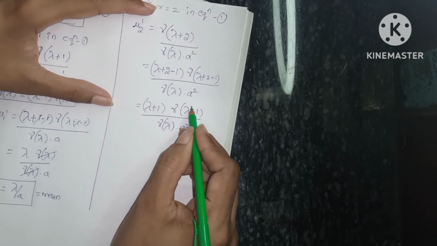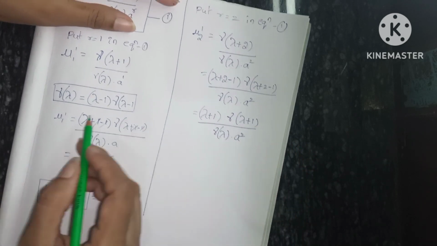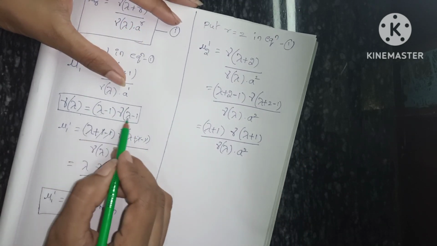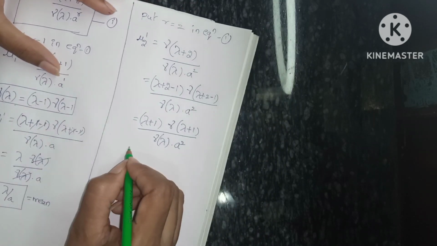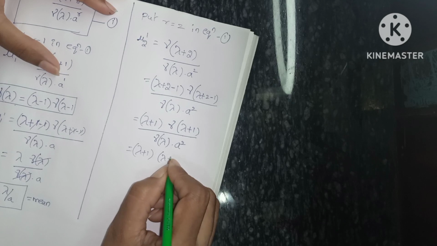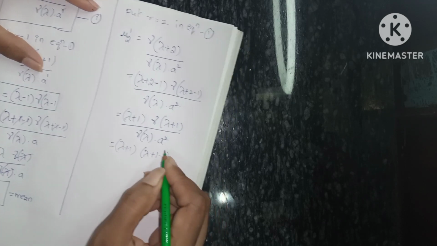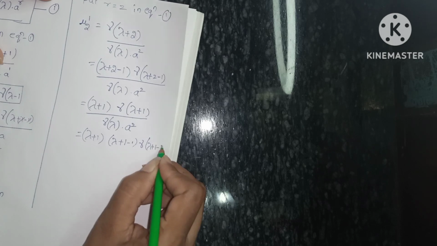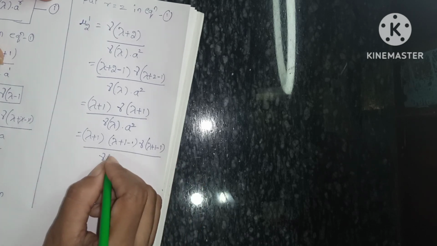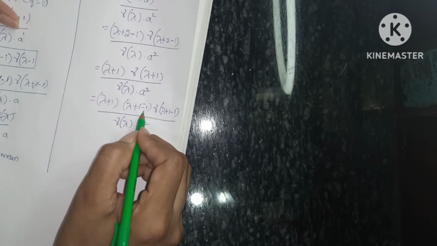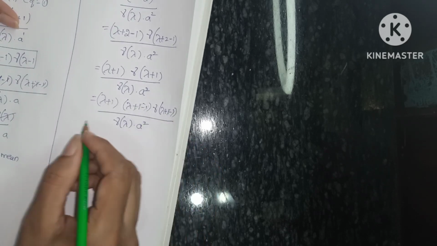Again this is in the form of gamma of lambda, so we do it in the same way. That means lambda plus 1 into lambda plus 1 minus 1 into gamma of lambda plus 1 minus 1 by gamma of lambda into a square. Plus 1 minus 1 gets cancelled.